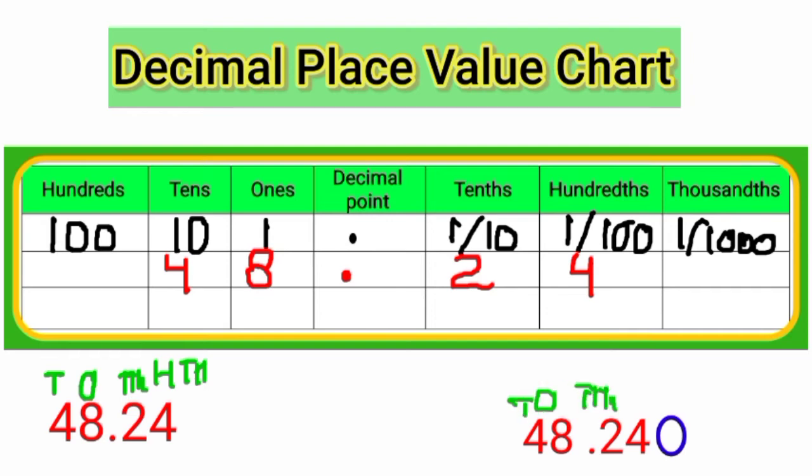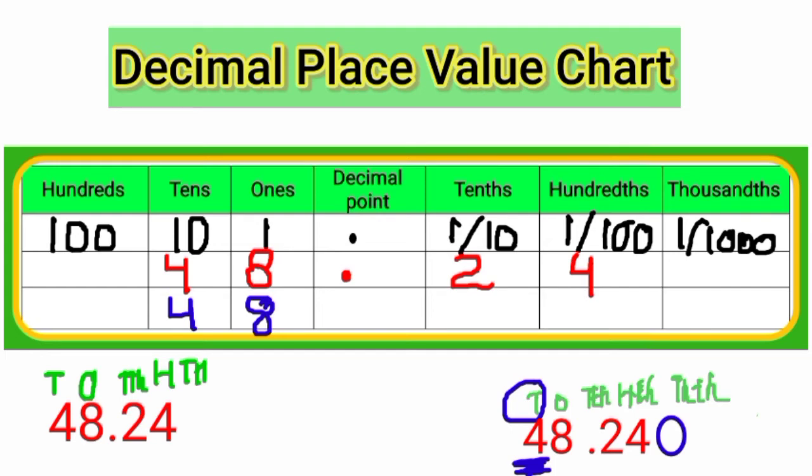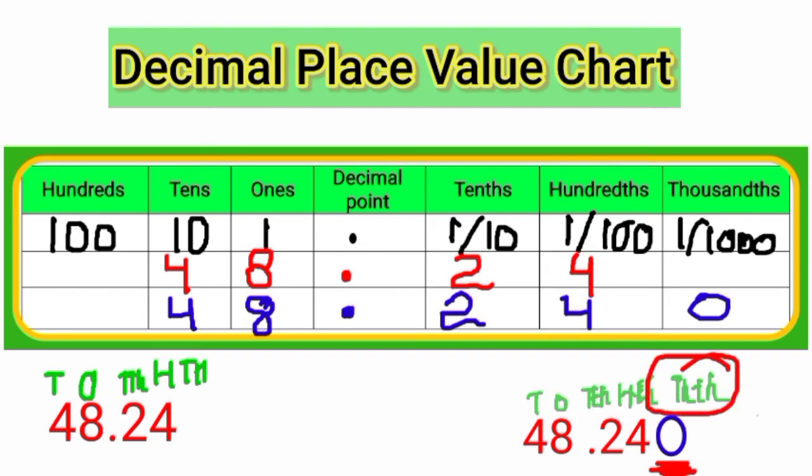After decimal, tenths, hundredths, and then thousandths, right? Put the 8 on the ones place, 4 on the tens place, 2 on the tenths place, 4 on the hundredths place after decimal, and 0 will be at thousandths place.